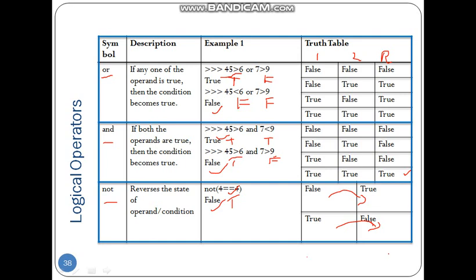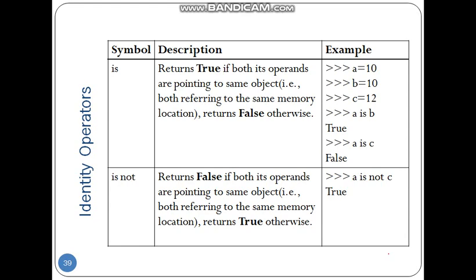Okay, now let's see another set of operators, that are identity operators. It gives the identity. Is and is not are the identity operators. Let's see the example first. A equals 10, B equals 10, then C equals 12.